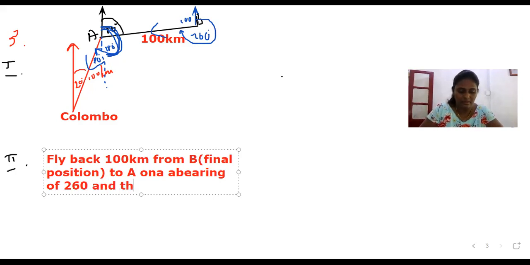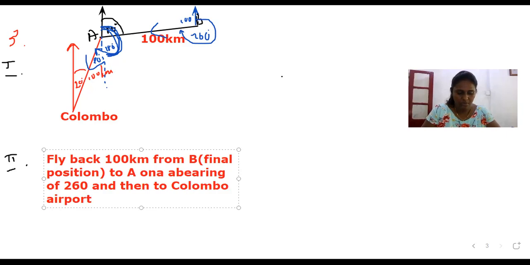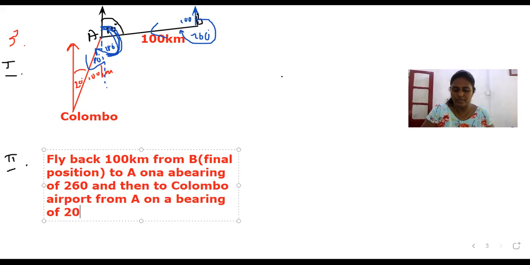And then to Colombo Airport from A on a bearing of 200 degrees. I hope this is clear to you all, children.